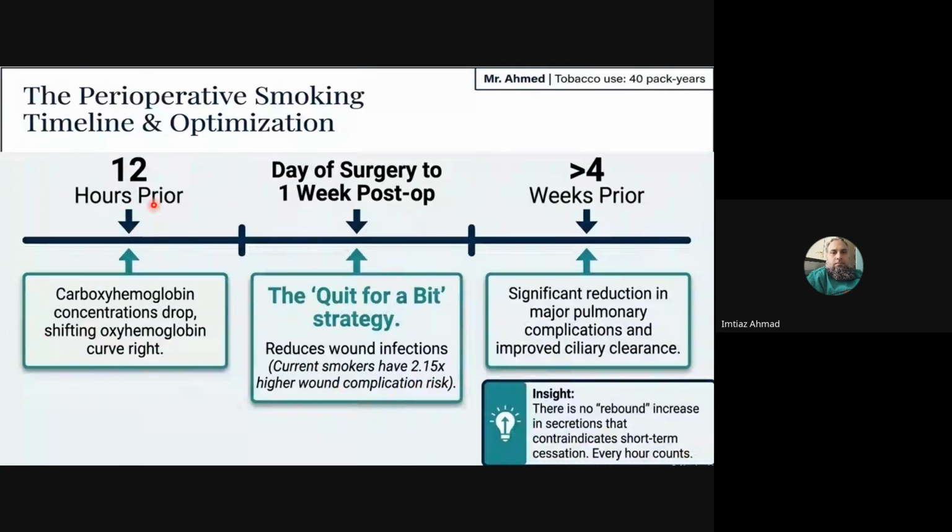If smoking is stopped 12 hours before surgery, carboxyhemoglobin concentration will drop, shifting the oxyhemoglobin curve to the right, increasing tissue oxygenation. The insight is there is no rebound increase in secretion that contraindicates short-term cessation. So every hour counts.